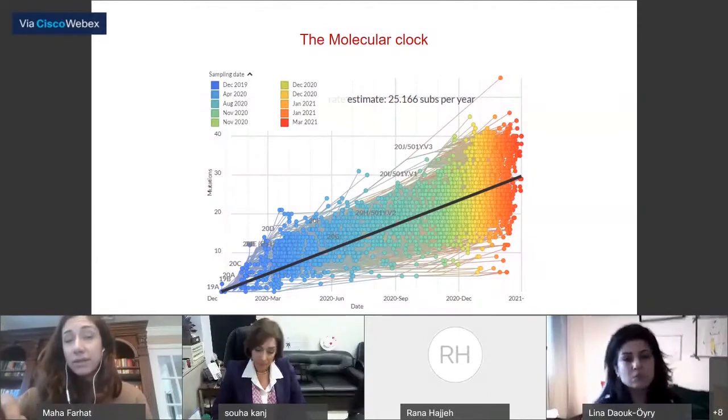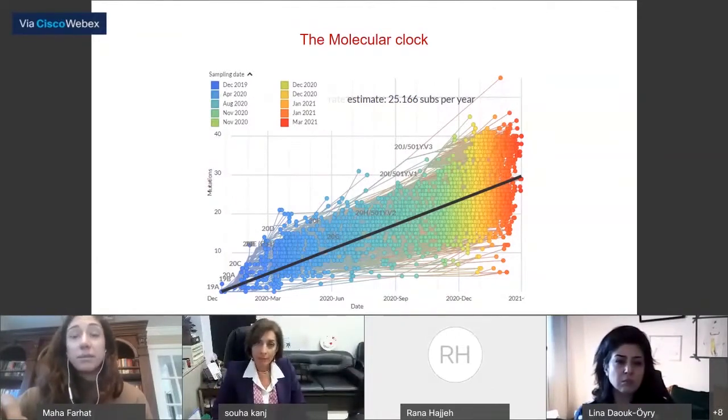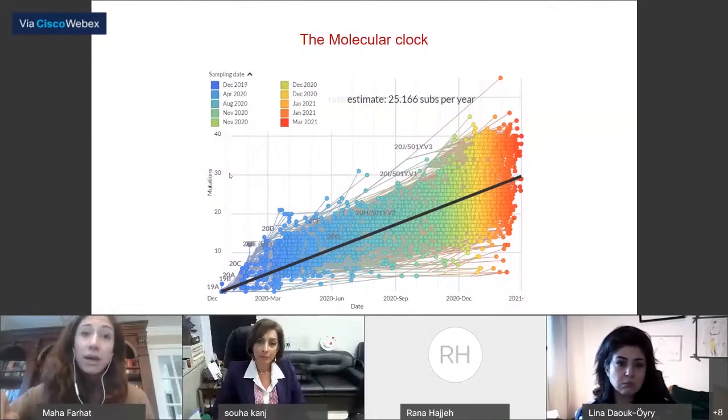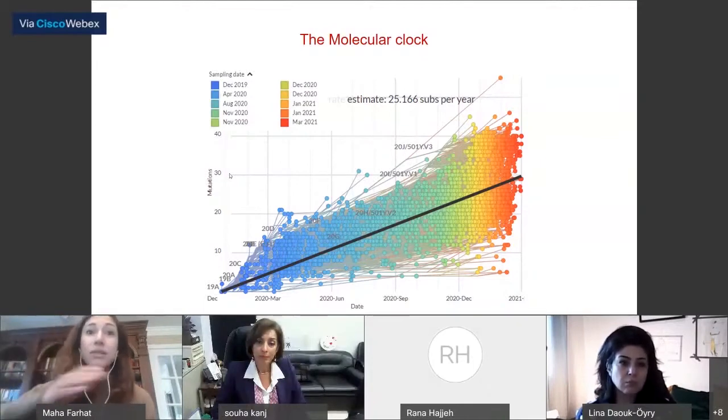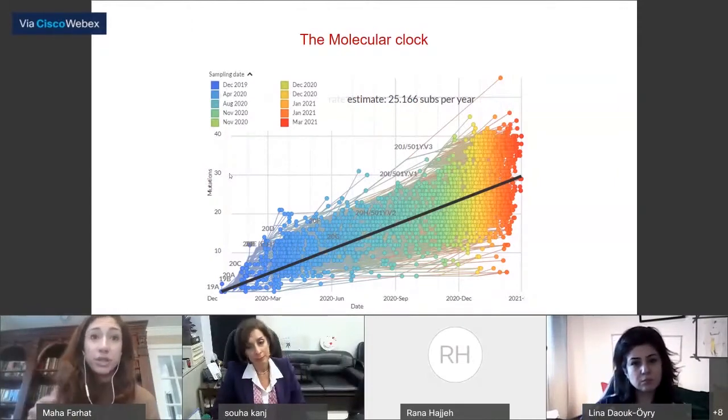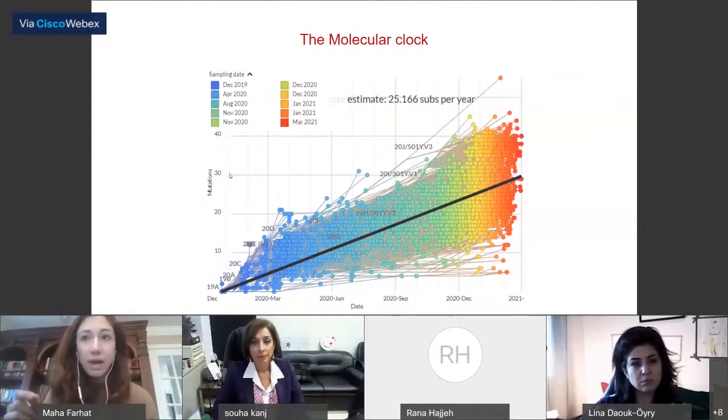But I think underlying all of this is the fact that there is a molecular clock that usually represents most living things, most genetic sequences, meaning that over time, mutations develop. Most of the time, they're completely random and have very little consequence on the phenotype or the ability of that organism to cause disease. And it ticks at a specific clock, a specific rate by which mutations develop. This is because the replication machinery of that DNA is faulty. It's not perfect. There are errors that happen at random.